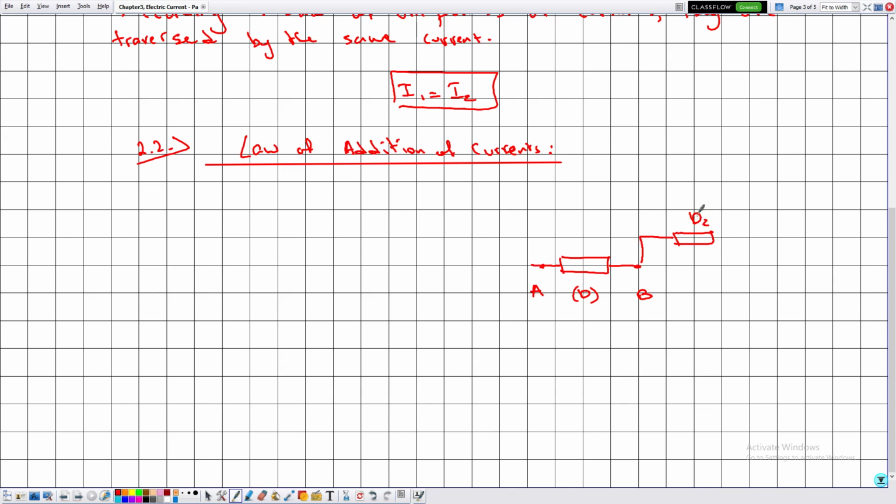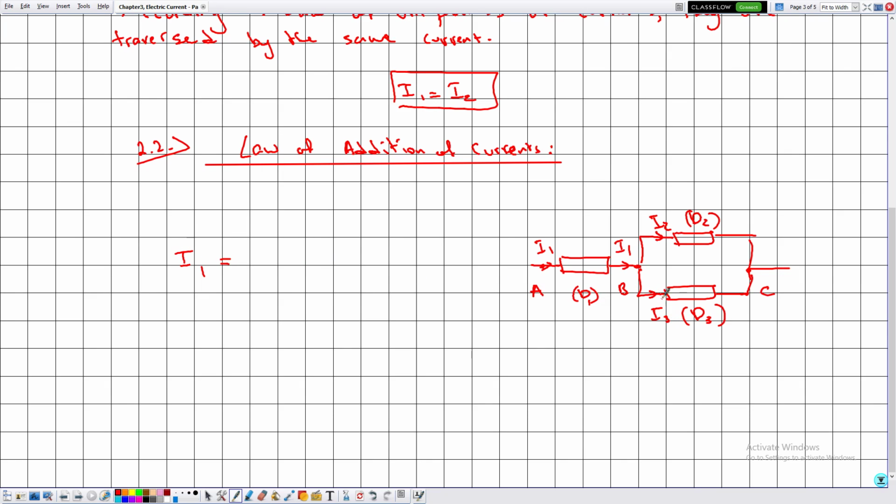Here we have the electric component D2 and here we have the electric component D3, and this is the point C. Suppose that D1 is being traversed by current I1, D2 is being traversed by the current I2, and D3 is being traversed by the current I3.